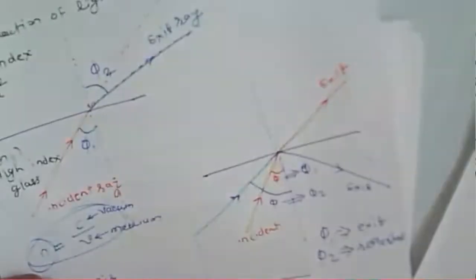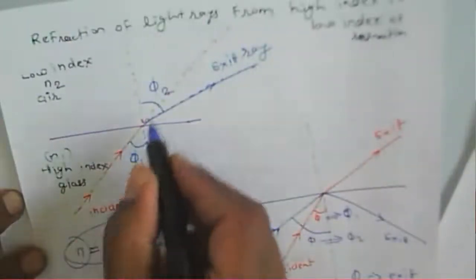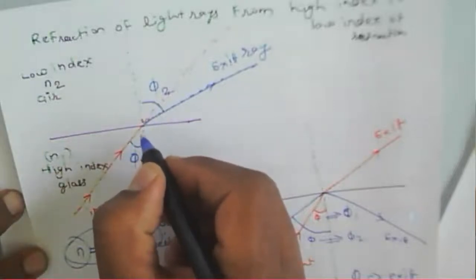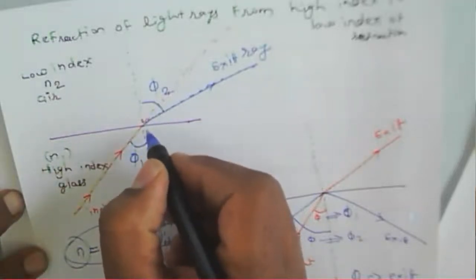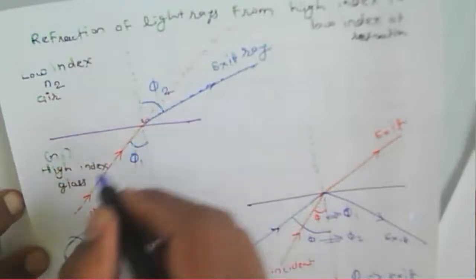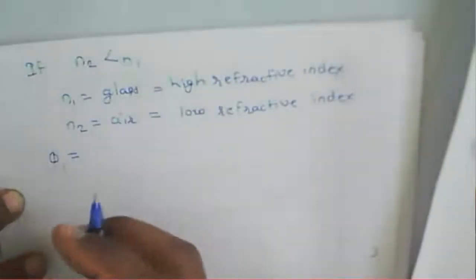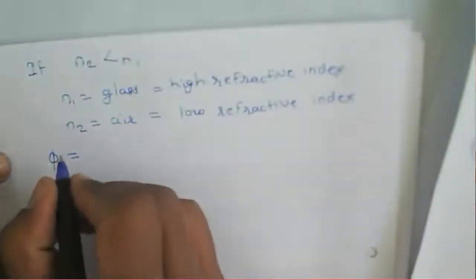And this angle is phi 1 and this angle is phi 2. Phi 1 is the normal angle at the surface of the interface, in the medium which has the high index.